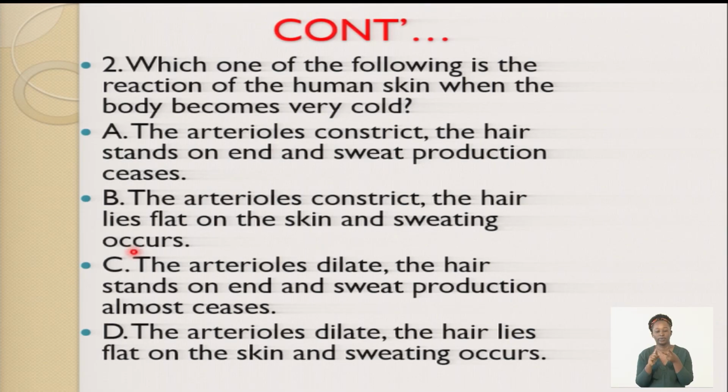B, the arterioles constrict, the hair lies flat on the skin, and sweat occurs. D, the arterioles dilate, the hair stands on end, and sweat production almost ceases. And the last one, the arterioles dilate, the hair lies flat on the skin, and sweat occurs. So you choose among these four options.